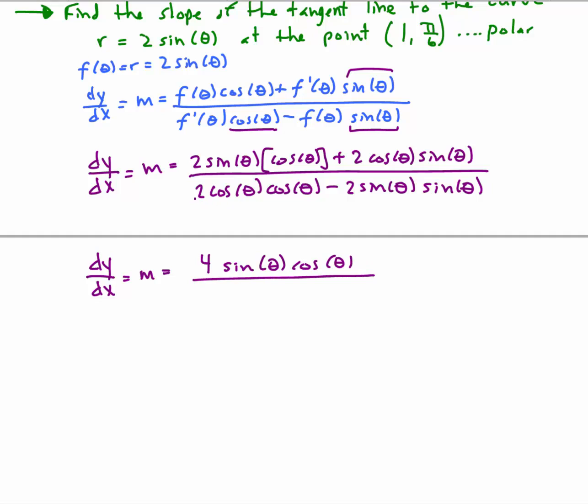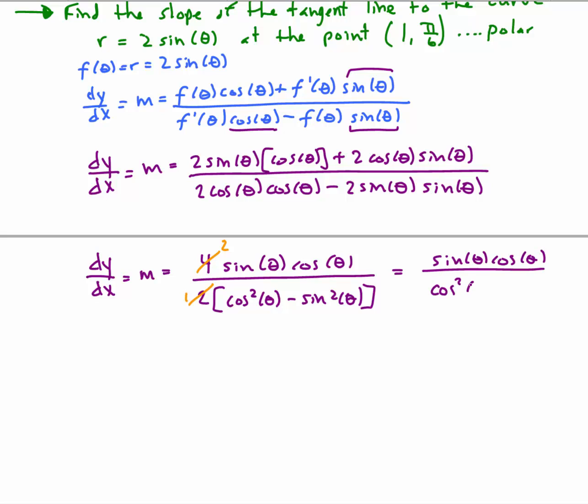Now my denominator, it looks like I have 2 cosine squared minus 2 sine squared, so I could factor out a 2, and I'd be left with 2 times cosine squared theta minus sine squared theta. And then of course I can reduce, 2 goes into 4 twice. So I'm left with sine of theta cosine of theta over cosine squared of theta minus sine squared of theta.